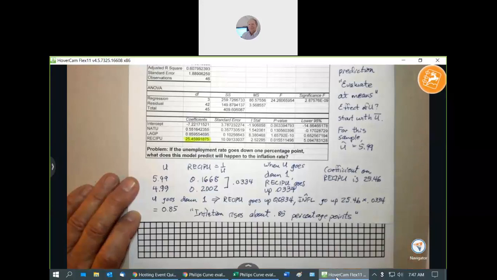Let's just go back through that calculation one more time. We were evaluating at means because there's no one prediction in a nonlinear model. We were taking unemployment down 1 from its mean. That caused recip U to go up 0.0334. And so about 3.3 hundredths of the effect of a full unit change, which we got by multiplication, came out to 0.85. Inflation rises about 0.85 percentage points.